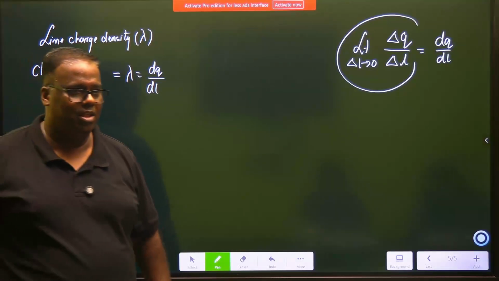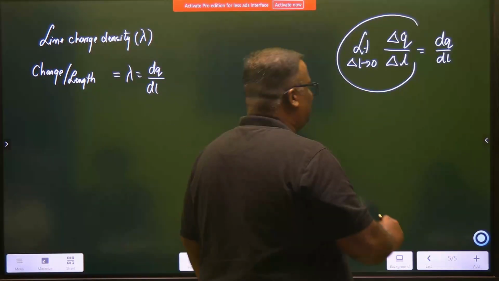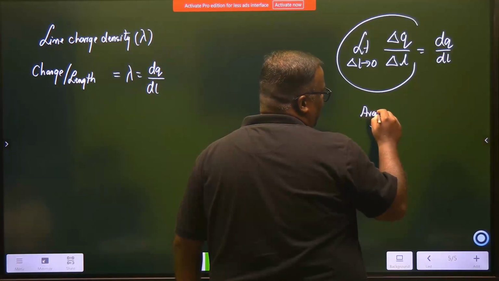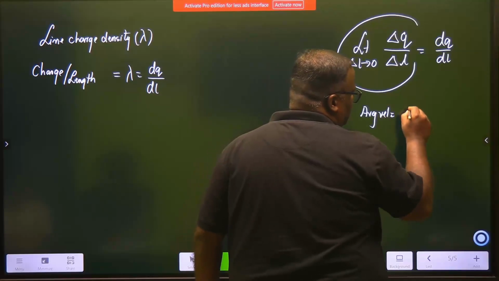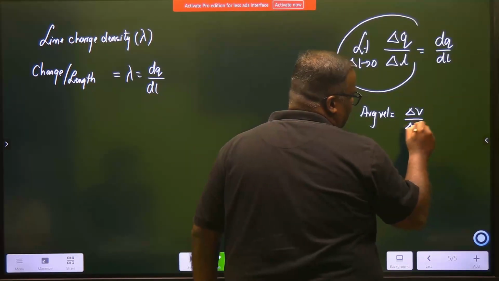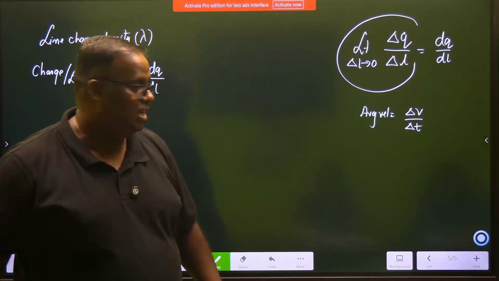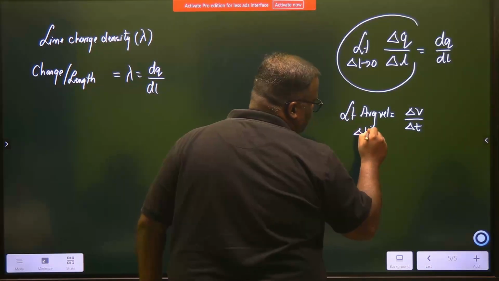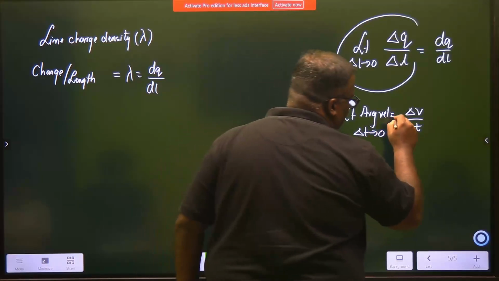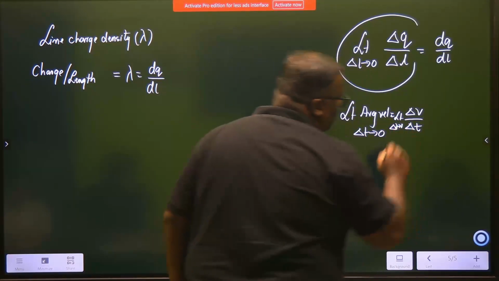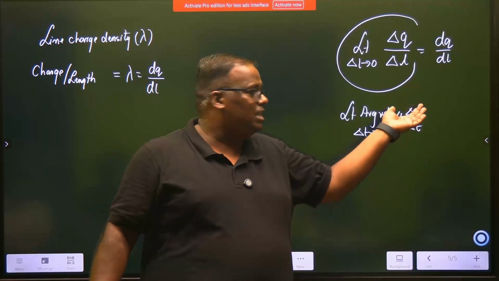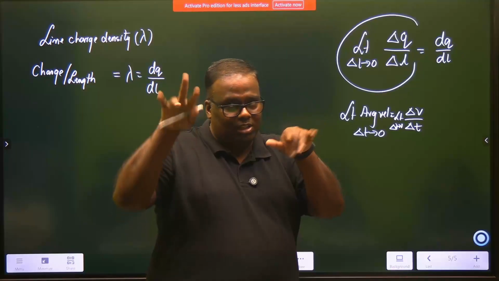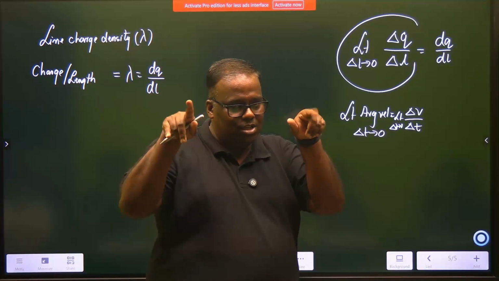Understood? A little bit of concept on this from grade 11. Average velocity is the change in velocity per unit time, delta v by delta t. If you put a limit on average velocity and bring delta t to 0, you will understand. Delta v means there are two time instances with two velocities; you found the difference over the time difference.